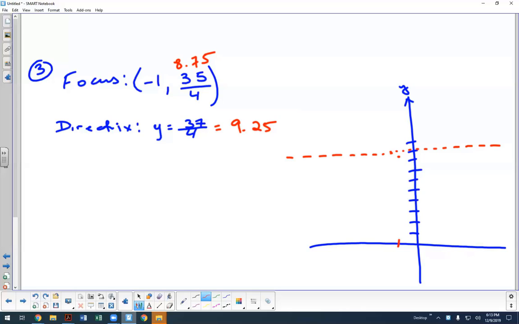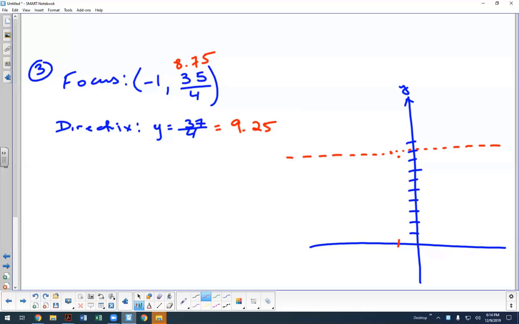Okay, and how did we come up with that? Because I want to make sure all of you are able to do that. So how do you find halfway between 8.75 and 9.25? Either, think about it, the difference is I'm going a quarter above 9 and a quarter below 9, right? So just going quarter on each side, which means right at 9, I should have my vertex.